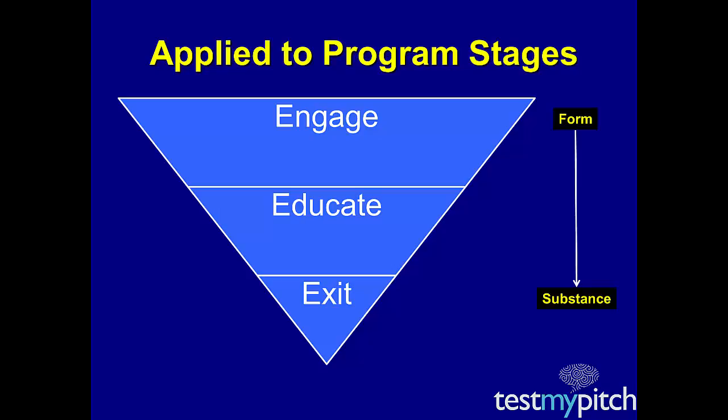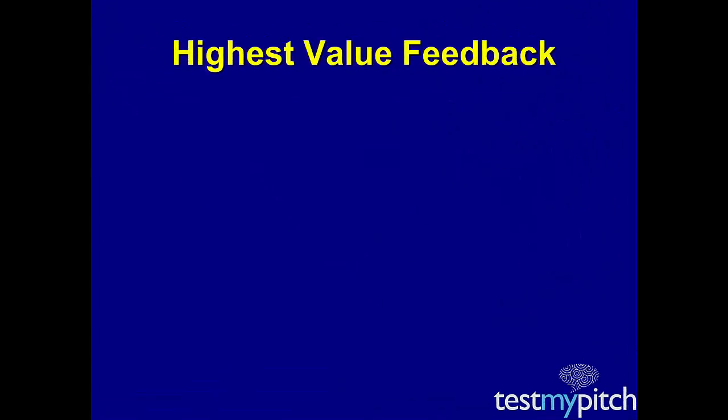We may go from 90% focused on form and 10% on substance early on, all the way down to 90% focus on substance and 10% on form at the bottom, or whatever the appropriate number is. Again, it's about balancing those so that we attend to our audience, what stage they're at, and the objectives we have for them.